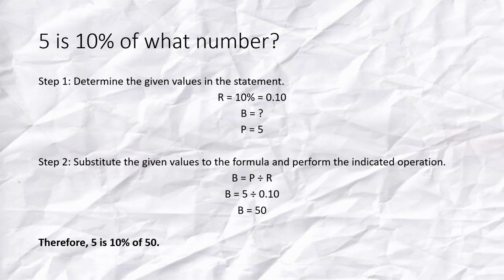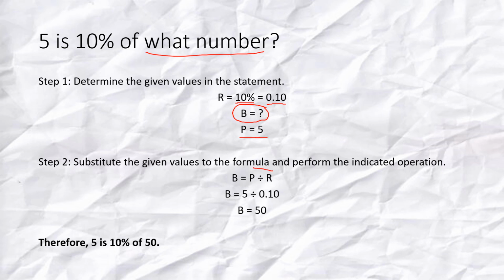Next. In this case, we have a different kind of problem. It says here, 5 is 10% of what number? So this time, we have rate as 10%. In decimal, that is 0.10. While the base is now missing, and the percentage given is 5. So how are we going to solve that one?